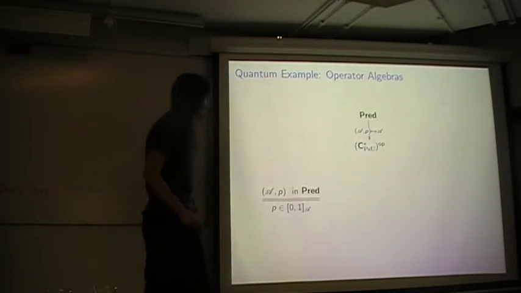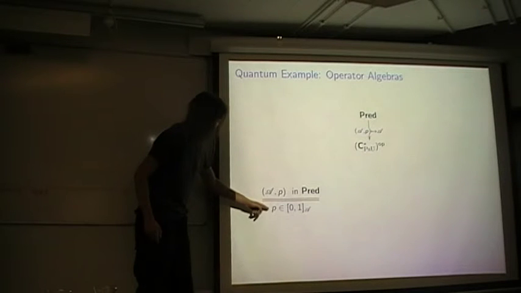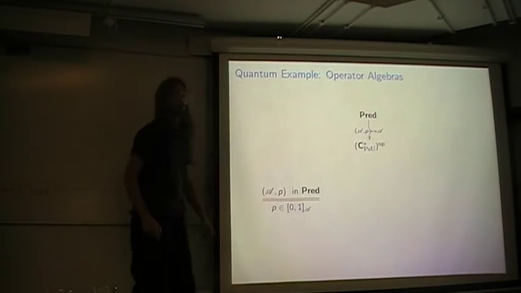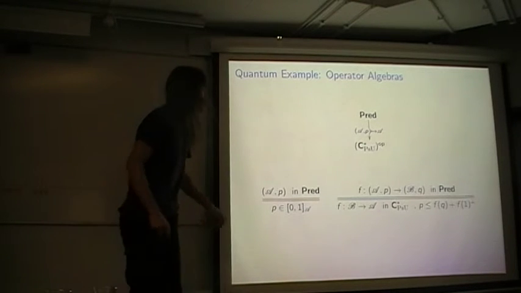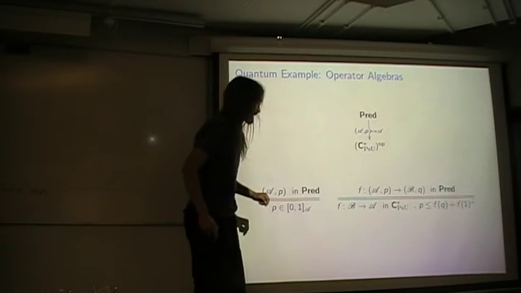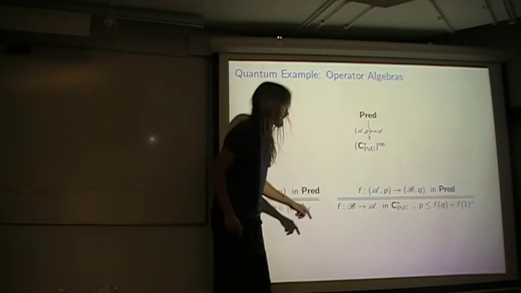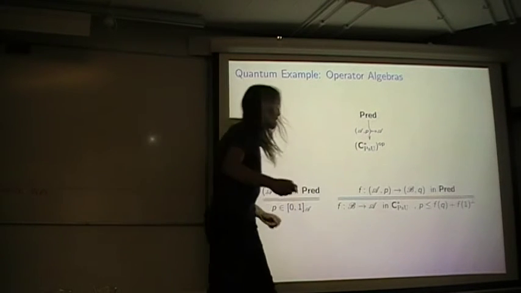And here, a predicate is an operator between 0 and 1. These are usually called effects. And the morphism from an effect P to an effect Q is a map in the other direction, like this. Here you see this correction term again.